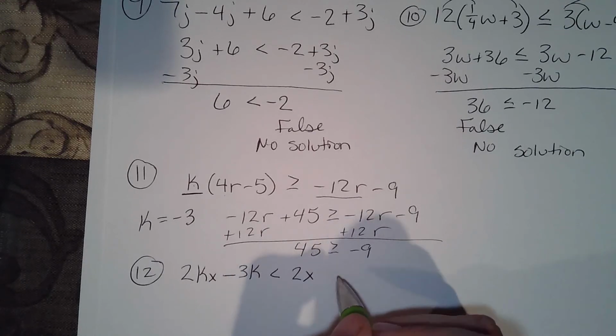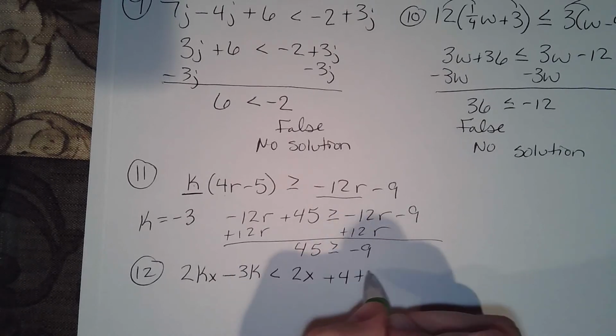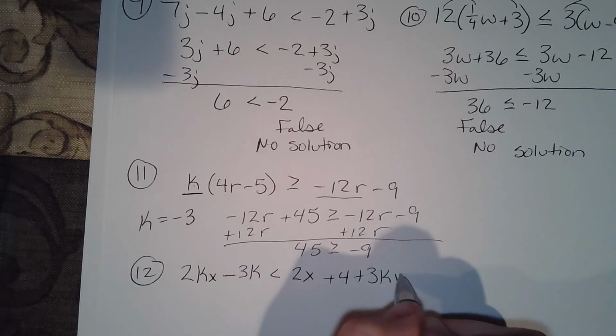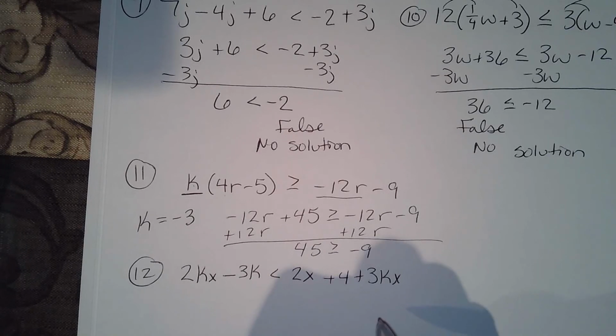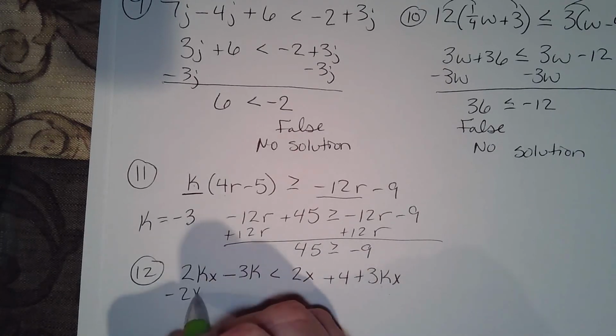First, we have to do some combining of like terms. So let's get some of this stuff combined first to make this a little easier. If you look at this, I can combine these two here. So I'm going to subtract 2kx.